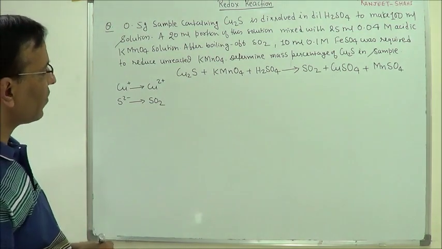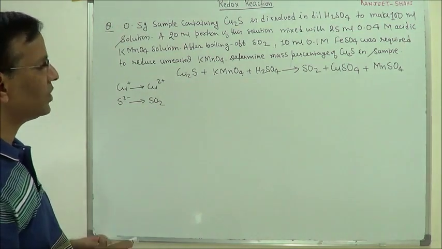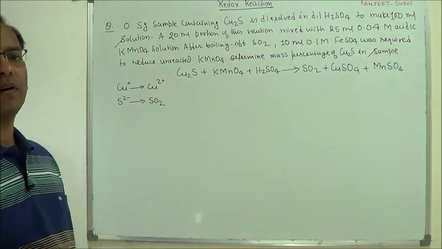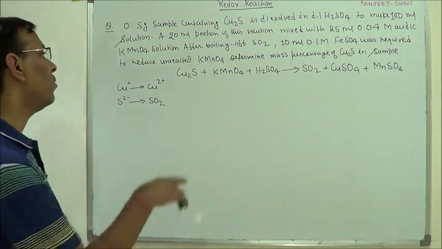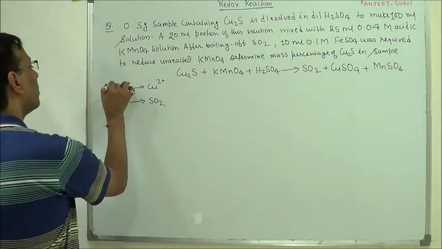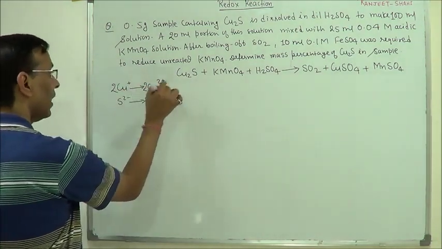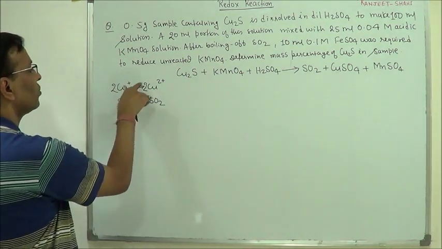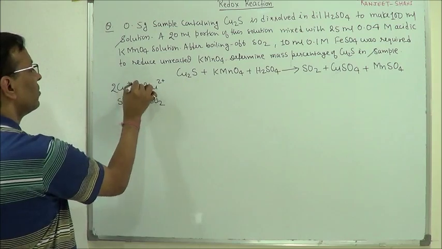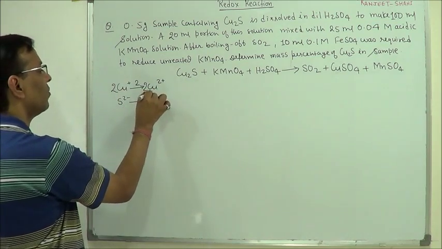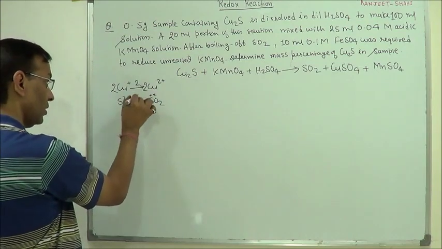To find the N factor, we need to determine the change in oxidation number for 1 unit of reagent. In 1 unit of reagent, we have 2 copper, so we have to find the change for 2 copper and 1 sulfide. For 2 copper, plus 2 to plus 4 is a change of 2. For 1 sulfur, minus 2 to plus 4 is a change of 6.